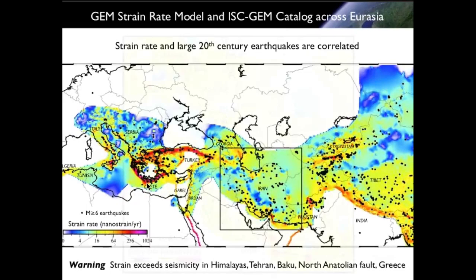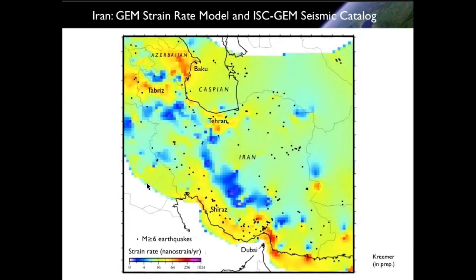So if we zoom in on Iran, again, we can see that the earthquakes generally correlate with strain, but there are some red zones there, such as Tehran, where there haven't been a lot of earthquakes. And most of these are associated with very large populations. So this is troubling. It means that in all likelihood, the last 100 years of earthquakes in Iran doesn't actually indicate how high the hazard is in Tehran.